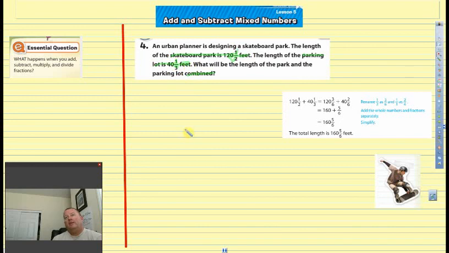Well, that's not too bad. It's 120.5 feet. At half a foot, that's 6 inches. That's important. And then 40 1/3 feet.